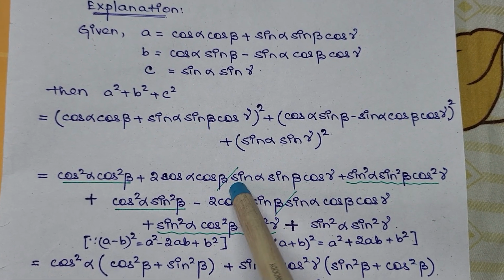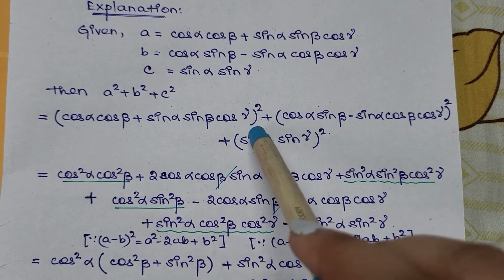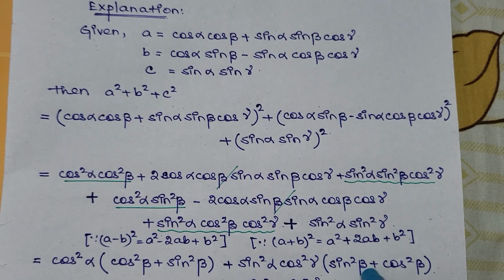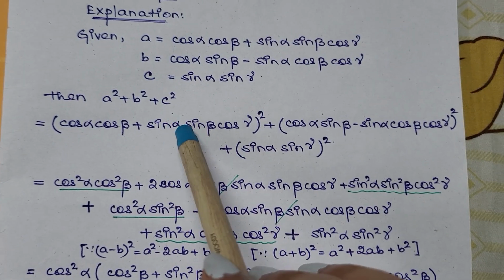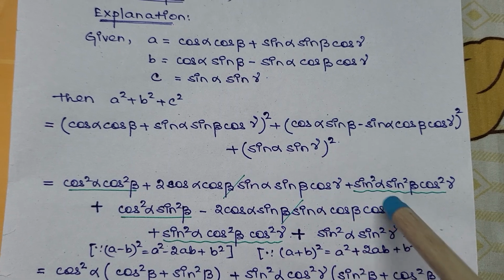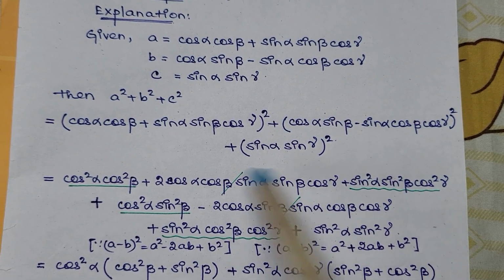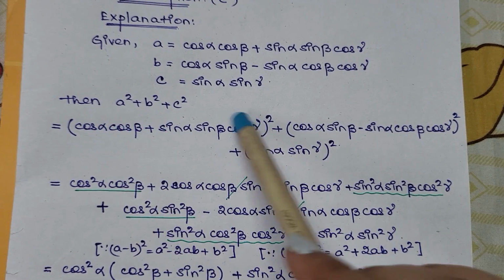So everything gets multiplied. Now B square. Last is B square. So B square is sin alpha sin beta cos gamma whole square, which is sin square alpha sin square beta cos square gamma. So we are done with expanding A square.